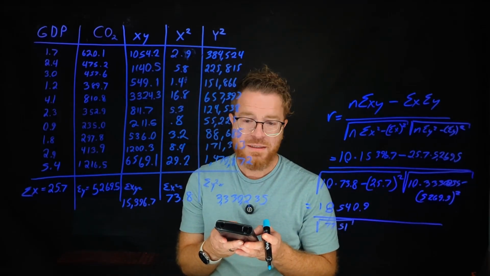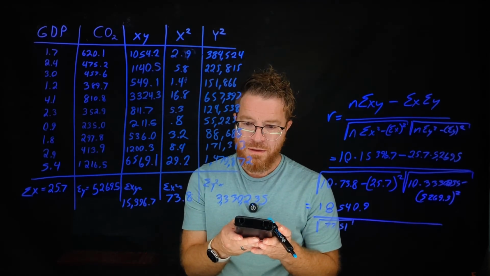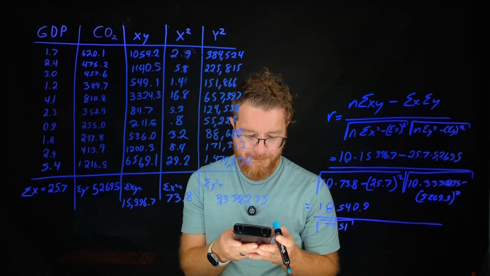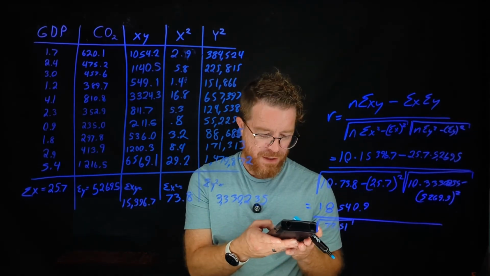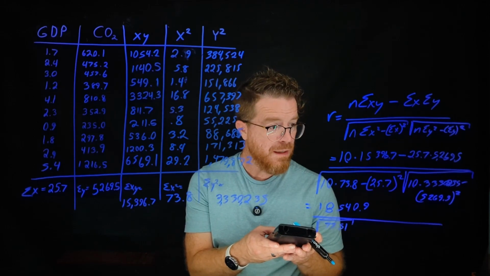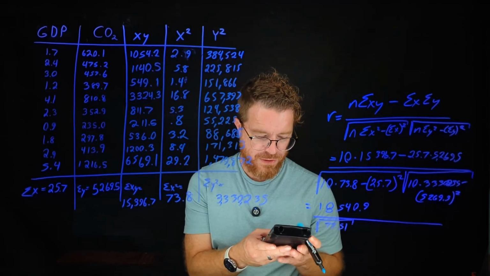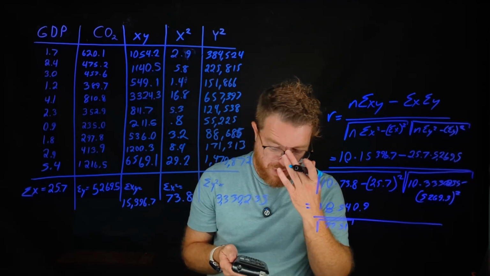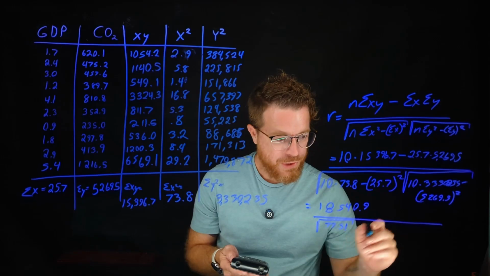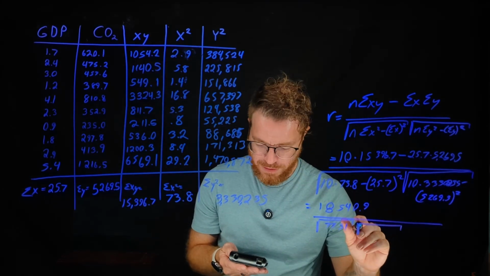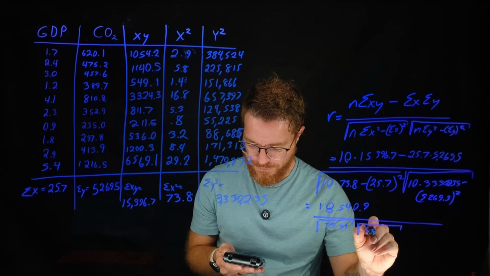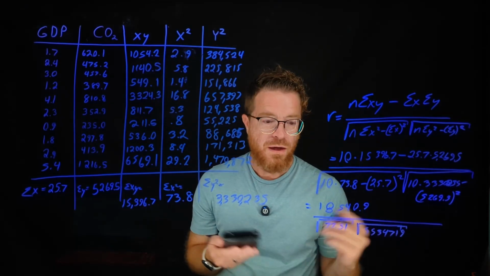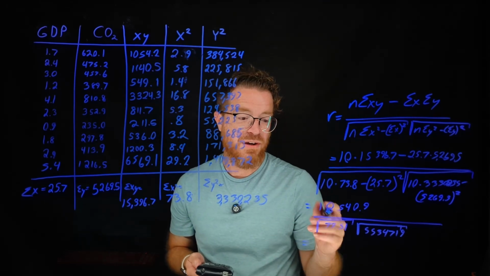We have 10 times 3,339,235 minus 5,269.5 squared, which will give us a total of the square root of 5,534,719.